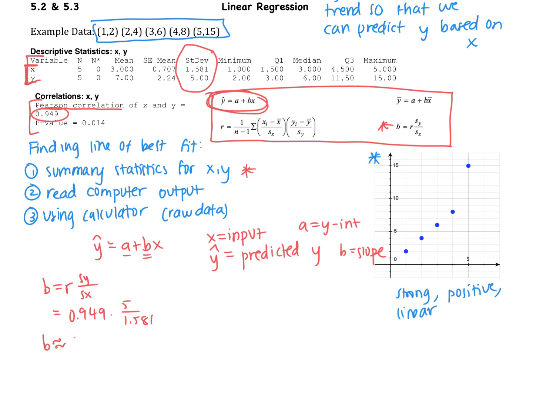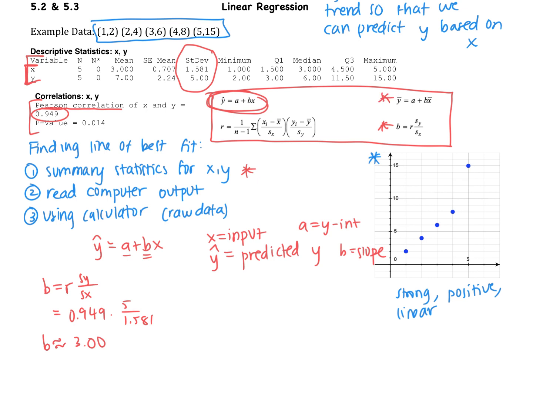And I think you get about 3.00. You all agree? About 3.00? Okay.